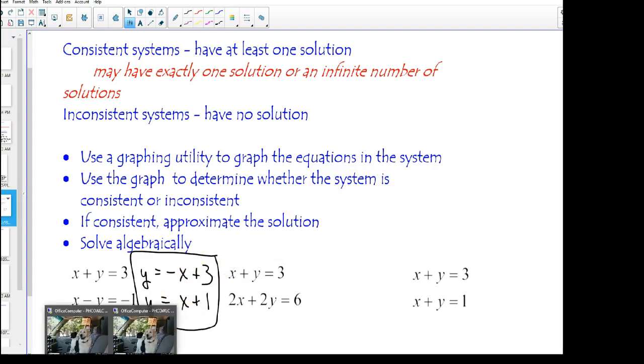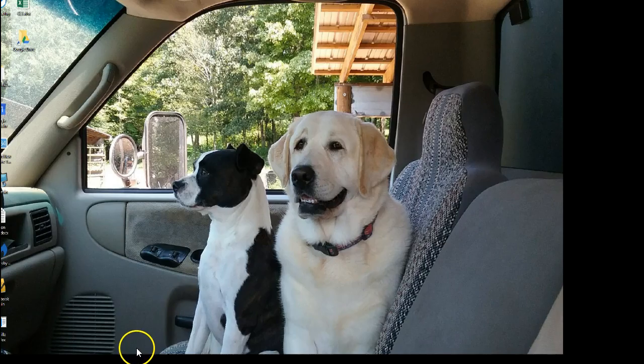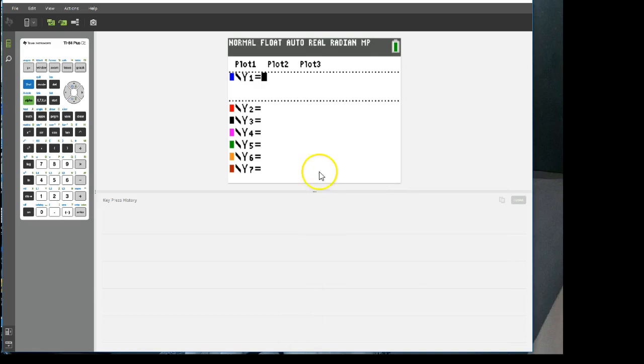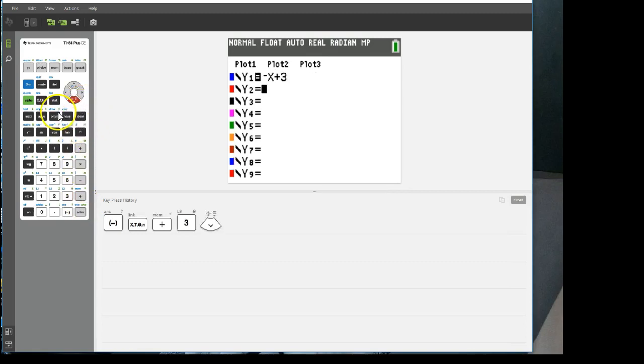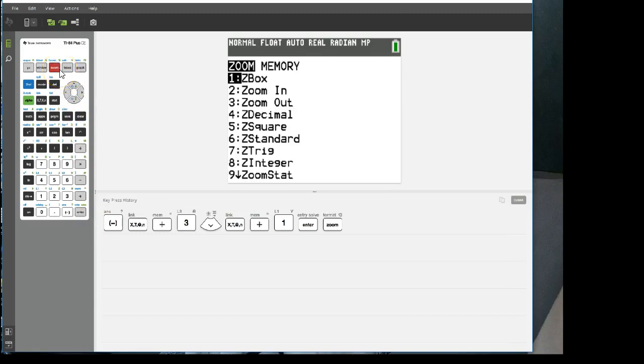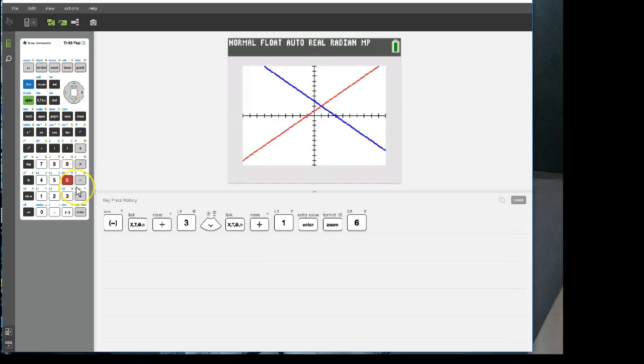So from my graphing calculator, I'm going to go to the y equals screen and type in the first equation, negative x plus 3, and the second equation, x plus 1. And I'm going to look at this in the standard viewing window, so I will zoom 6. And what I see is that the two lines do intersect.